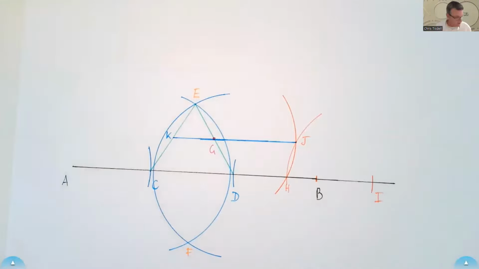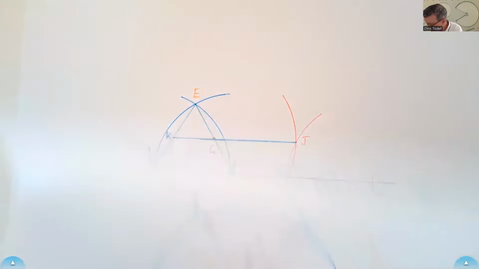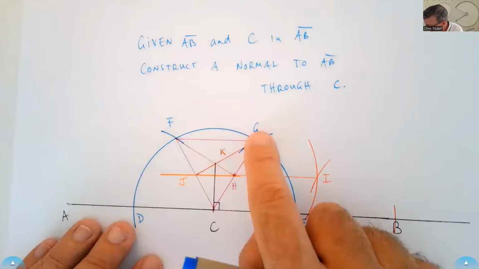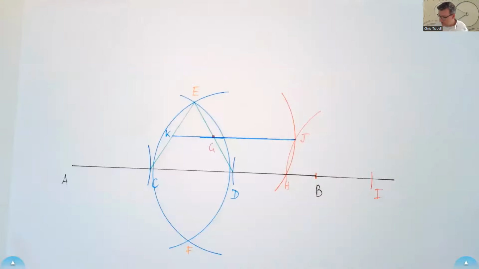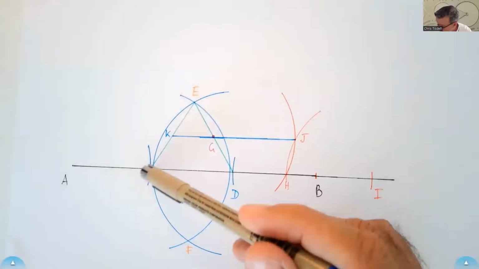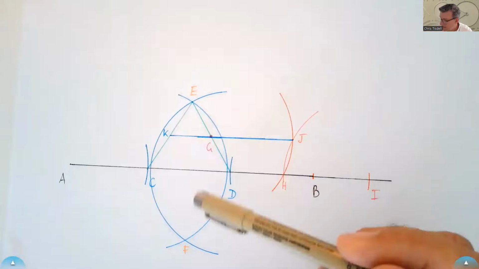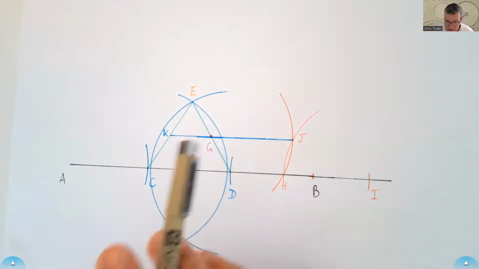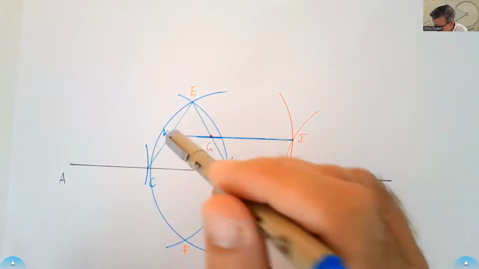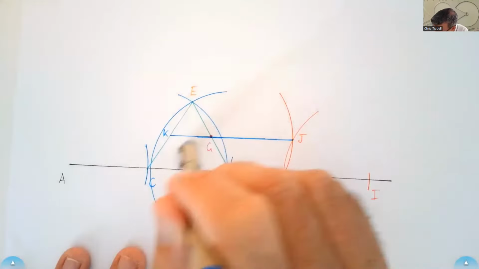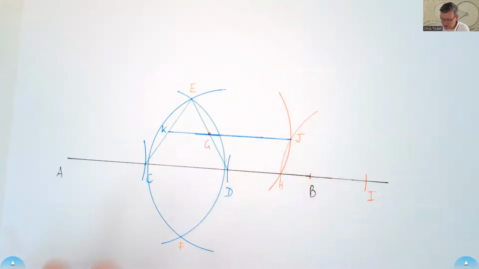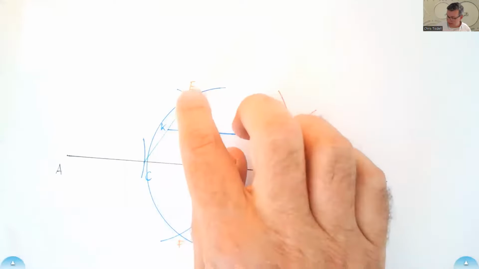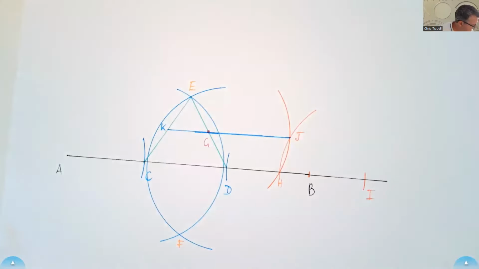And so just like in our previous videos, we've got two parallel lines, and I'm going to look at the diagonals, right? So basically CDGK is an isosceles trapezoid, or an isosceles trapezium. And so the diagonals will meet along the line of symmetry starting at E. Okay, so let's do that.